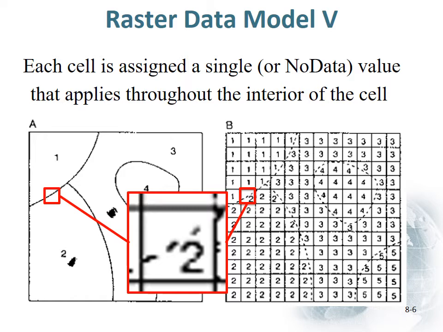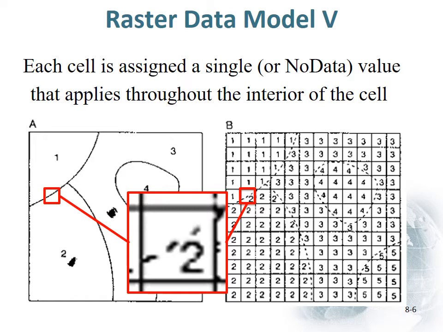Now we need to think about what they actually contain, and each cell in the raster will usually have a single value, whether that's an actual value meaning something or a no data value, and that applies throughout the interior of the entire cell, no matter how that cell aligns with what we might think of as boundaries that exist between natural features on the Earth's surface. So, for example, here on the left, we have a vector representation of a parcel of land, probably different land use types or something like that.